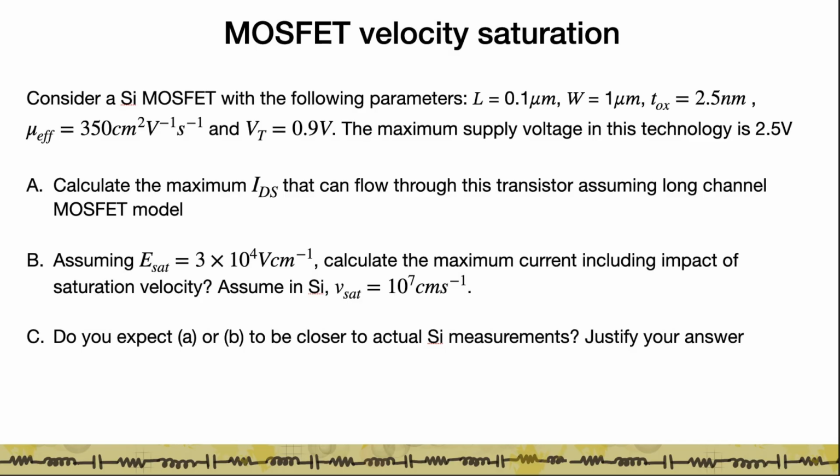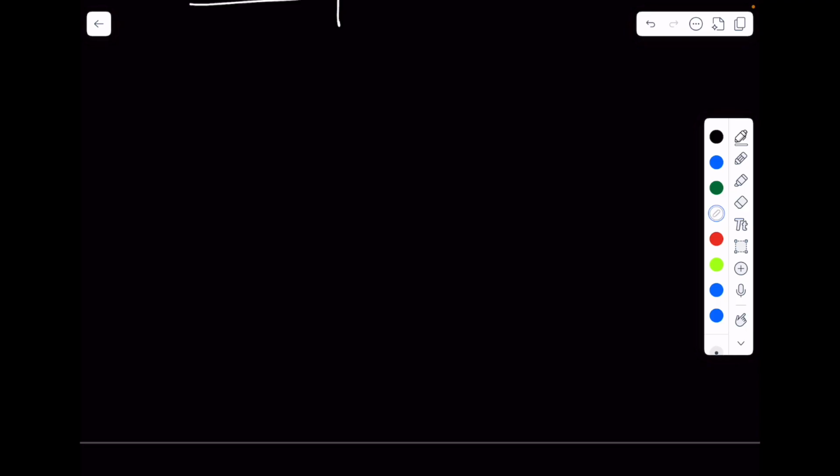B. Assuming ESAT is 3 into 10 power 4 volt per centimeter, calculate the maximum current including impact of saturation velocity. In silicon, you can assume that VSAT is 10 power 7 centimeters per second. And C, you're asked to make a judgment if A or B is going to be closer to actual silicon and justify your answer. So let's start with the first point.